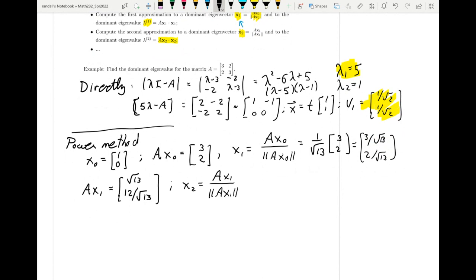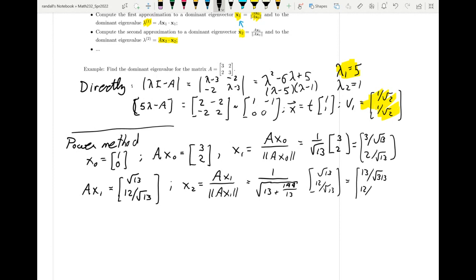So I normalize this Ax1 vector, and the norm of Ax1 is 1 over square root of 13 plus 144 over 13, times the vector. So that's now a normalized vector, but let's simplify it so we can see what its components are. We get, in the end, 13 over square root of 313.